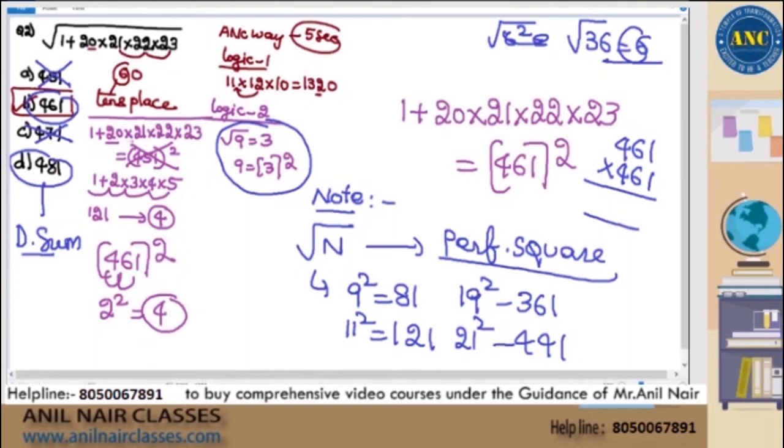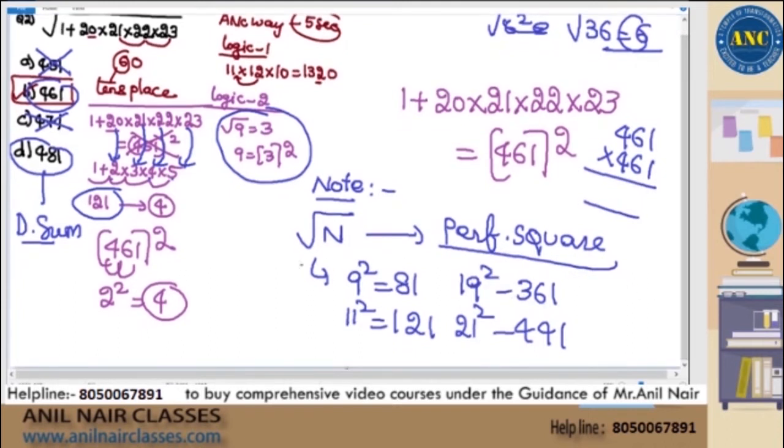So 1 plus 20 into 21 into 22 into 23: the digital sum of 20 is 2, 21 is 3, 22 is 4, 23 is 5. 2 3s are 6, 6 4s are 24, 24 5s are 120, 121 digital sum is 4. I want digital sum 4 for 461 square: 4 plus 6 is 10, 10 plus 1 is 11, 1 plus 1 is 2, 2 square is 4. I hope it is clear.